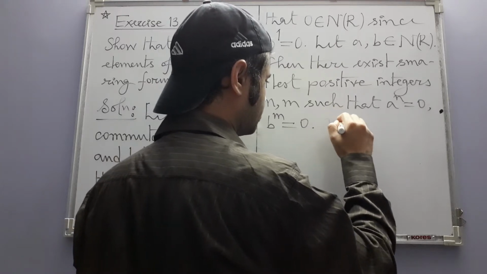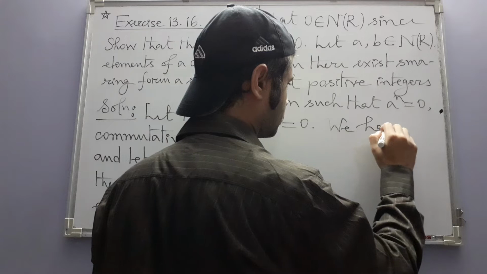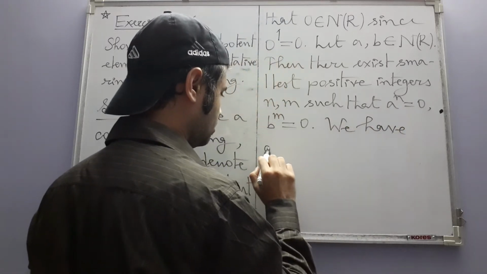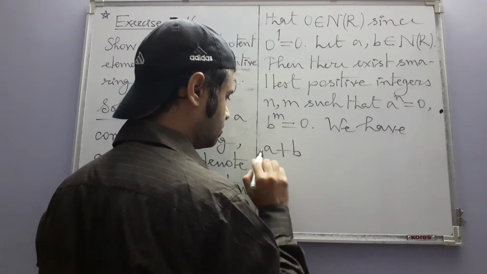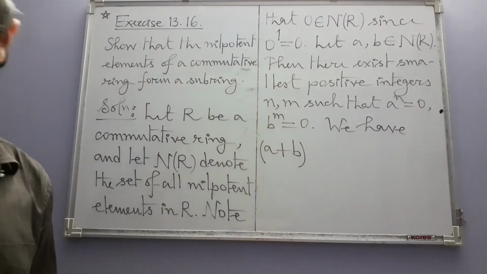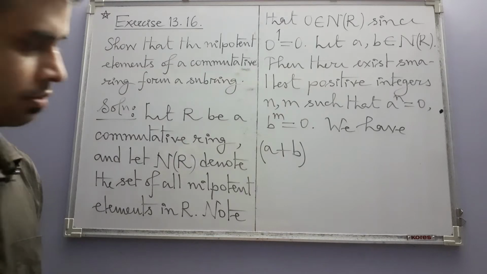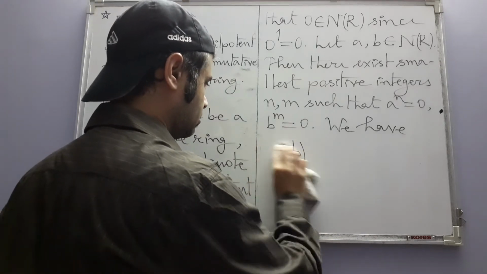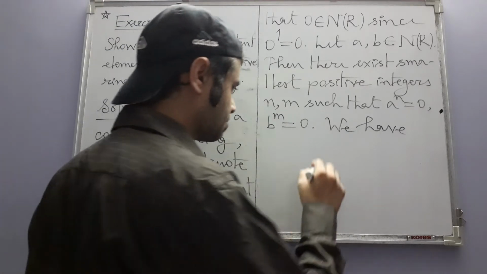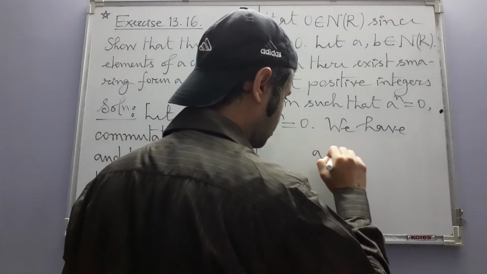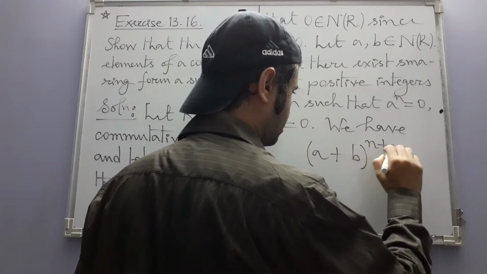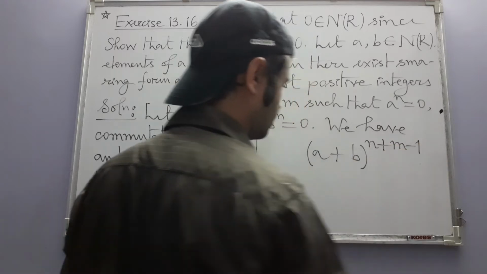We have A plus B to the power, okay, let me just write it in the middle, that way I will have space, n plus m minus 1.